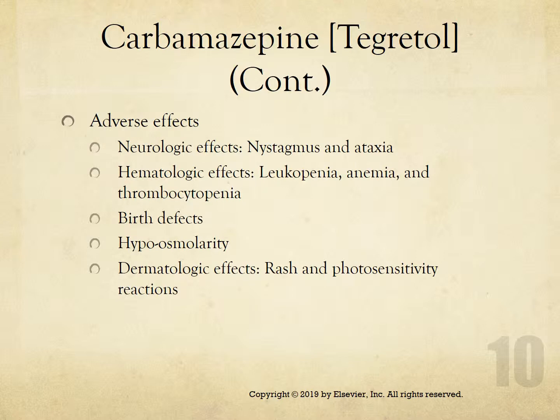Adverse effects can be nystagmus and ataxia. You can have hematologic effects such as anemia, thrombocytopenia, birth defects, hypoosmolality. You can have dermatologic effects such as rash and photosensitivity reactions.